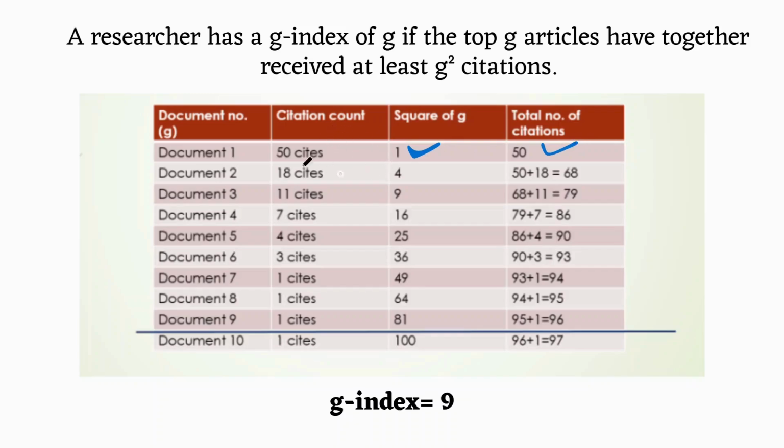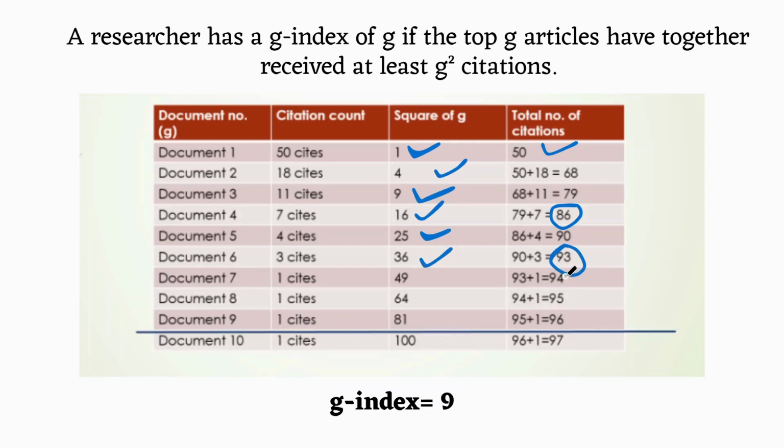Your G index will be 2 if combined citations are at least 2 square. Your G index will be 3 if combined citations are at least 3 square. The researcher's G index will be 4 if the combined citations are at least 4 square. The G index will be 5 if combined citations are at least 5 square. The G index will be 6 if the combined citations are at least 6 square.